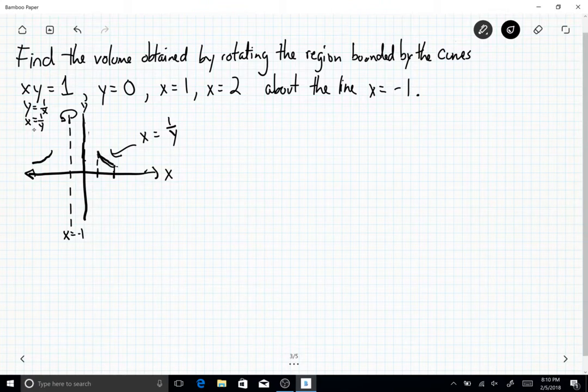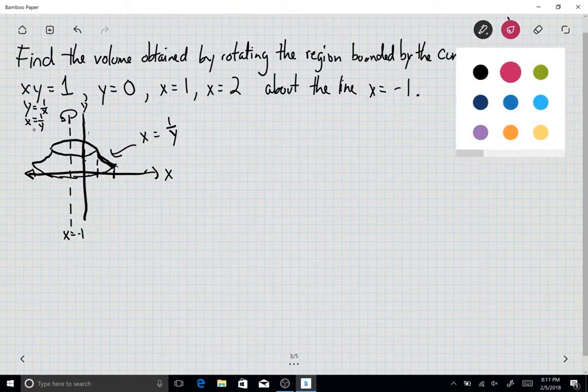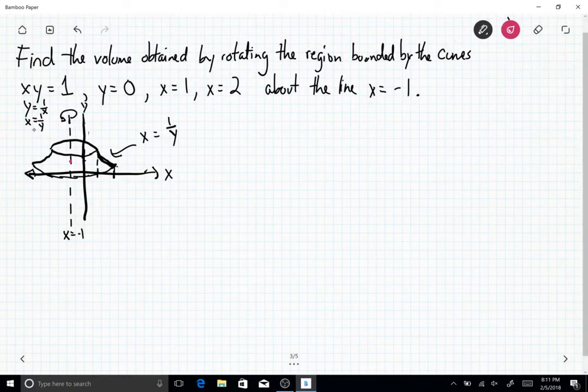So now, what the heck happens? Notice you'll get this little curve right here, and then you also have this curve down below, but we don't care about the top and bottom. What we care about is a slice of something in the middle. Say you took a random slice right there.